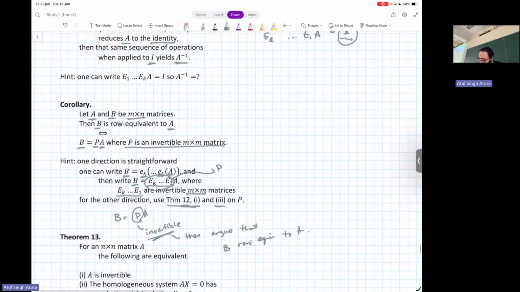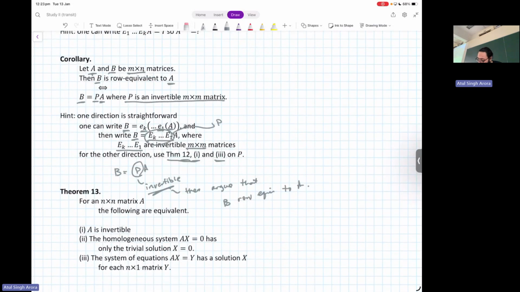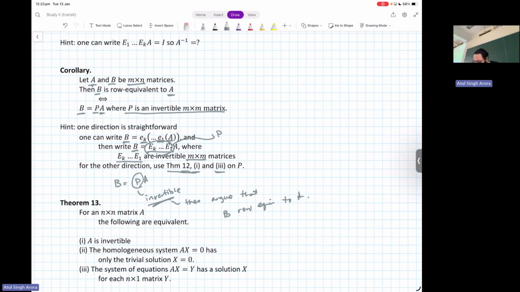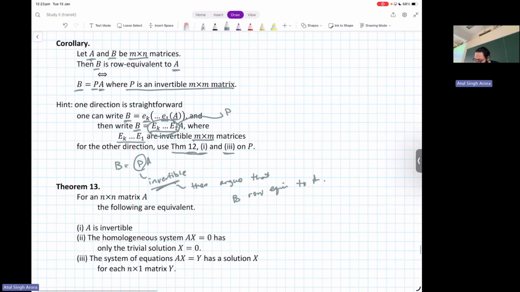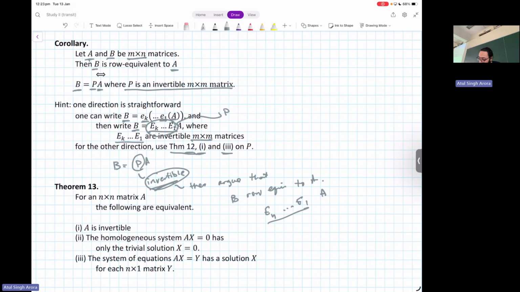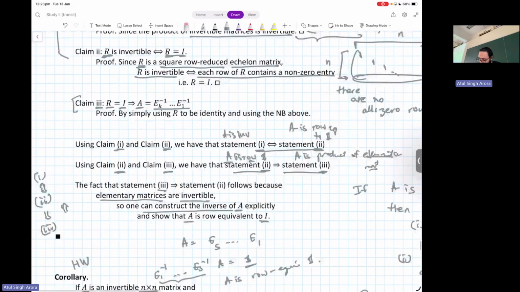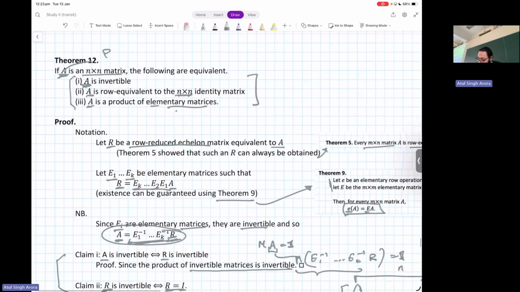So what that means is that P is going to be a product of, let's say, E1 to En, because we know that an invertible matrix is a product of elementary matrices.